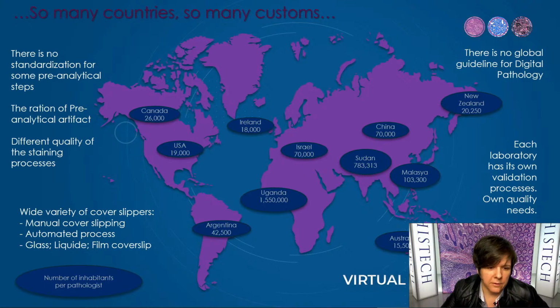Some factors such as the high cost of the digital pathology system and the lack of appropriate guidelines may hinder the rapid application of digital pathology. Based on these facts, we can say that it is pretty difficult to meet everyone's needs.